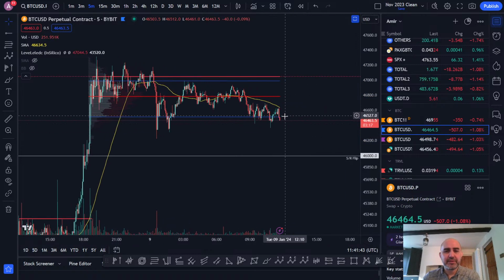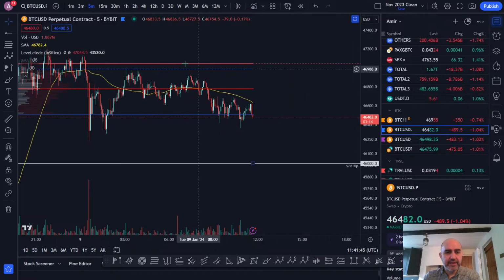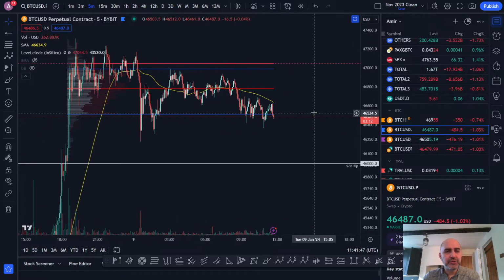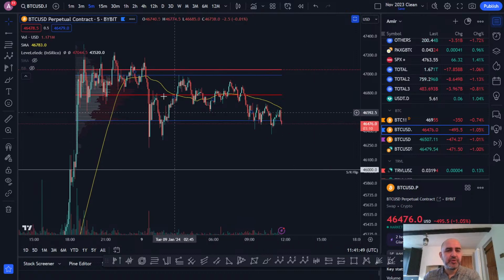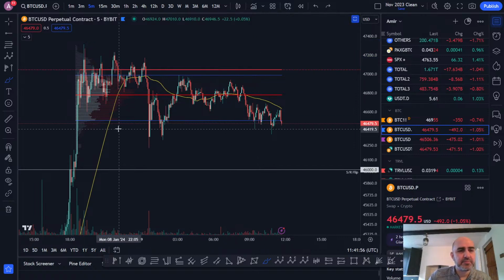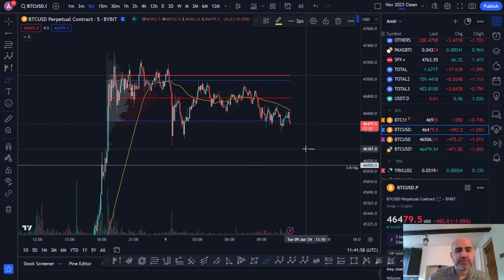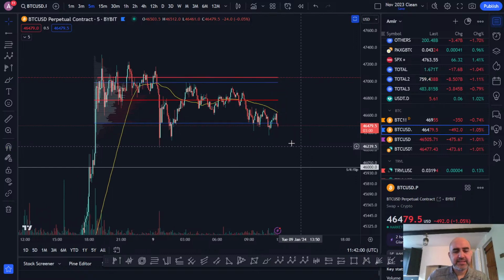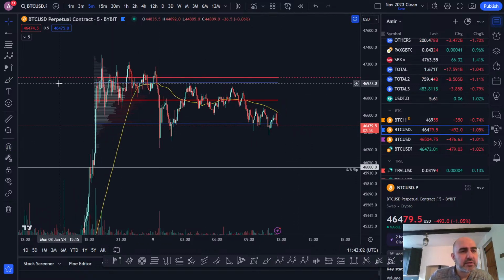Maybe you're right. Maybe it doesn't look bullish right now, does it? But you'd expect this kind of behavior after an extended expansion candle. You'd expect there to be selling, right?